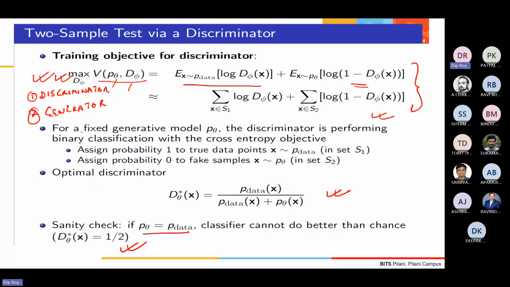But in the worst case, it is only going to be 4.6 units less than the true data distribution. And this is only when we take a single dimension. Now, if you take multiple dimensions, this 4.6 will get divided by the number of dimensions and it will become very less.